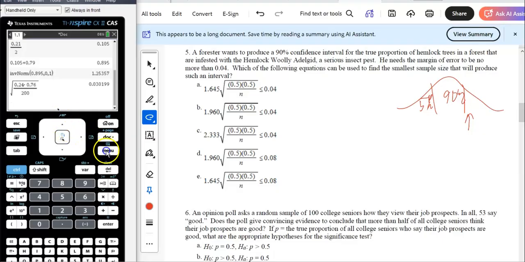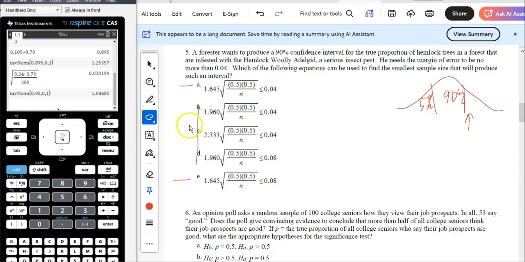So menu 653, whoops, menu 653. Area would be 0.95 if you add up those two areas to the left of the Z critical value we want. We get 1.65. So I know it's either this one or this one. These are gone. Okay, so they look pretty similar now. They got the right Z critical value.